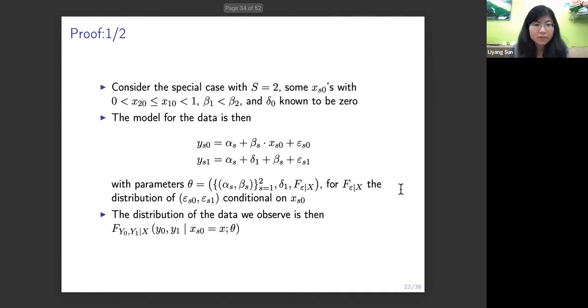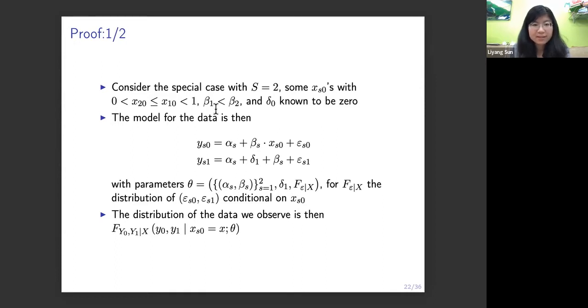I'm going to go over the proof for this claim because it's quite informative on where the identification challenge arises. Here, we're just going to focus attention on a special case with two states. And let's assume that state 1 has a larger X_s0, but a smaller per unit insurance effect on the expenditure, beta 1.